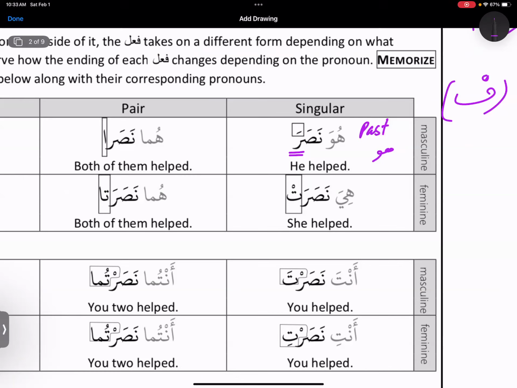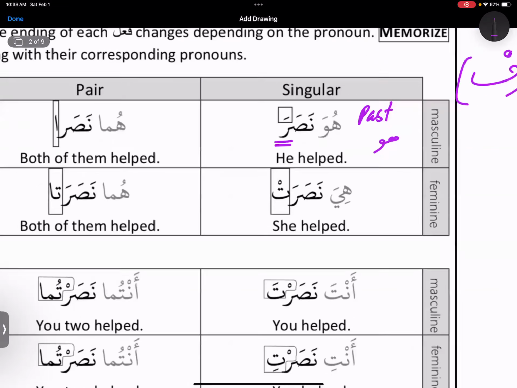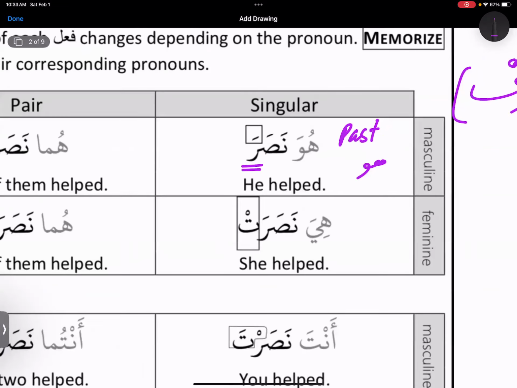This is Madi. Why can I not confuse it with Mudariya? Anyone? Mudari has a prefix. Prefix and damma. Exactly. So Mudariya is going to have some beginning, right? Either it is going to have a ya, ta, alif, or na, right?